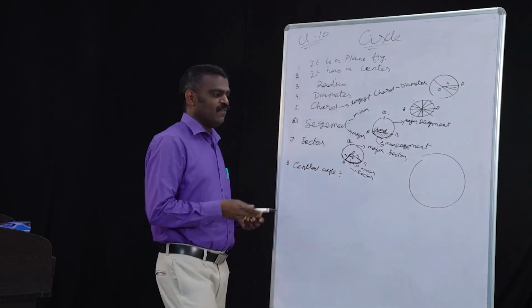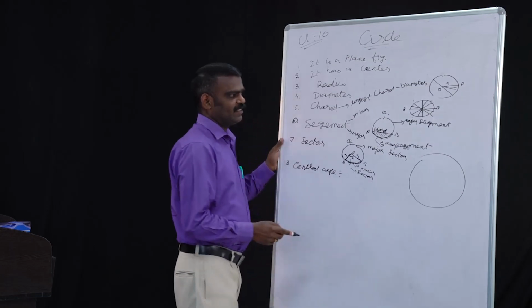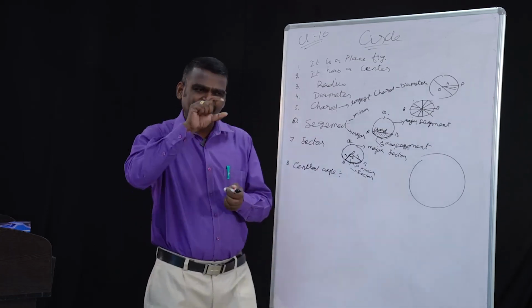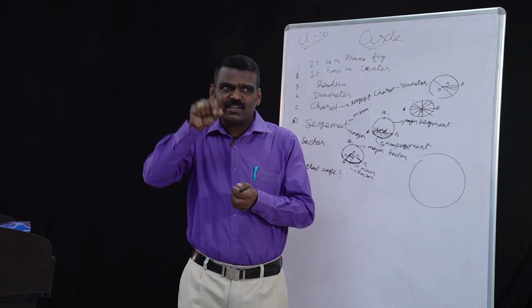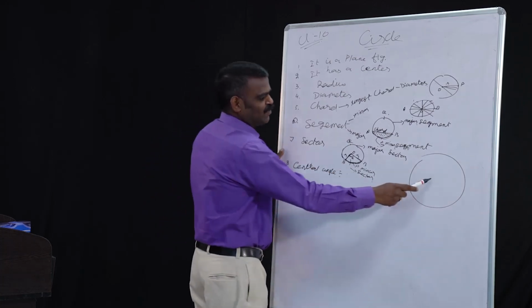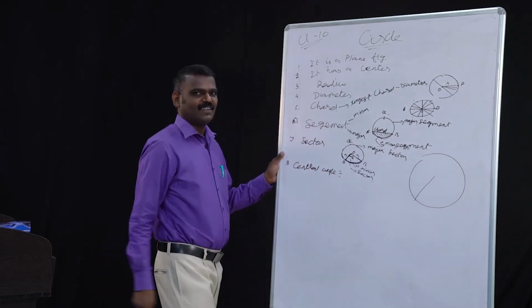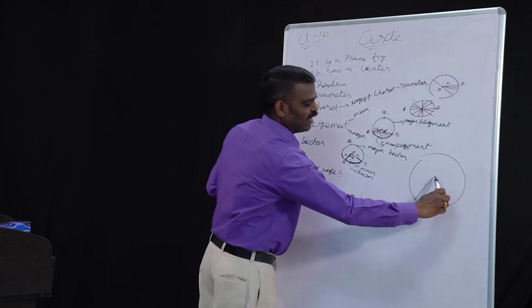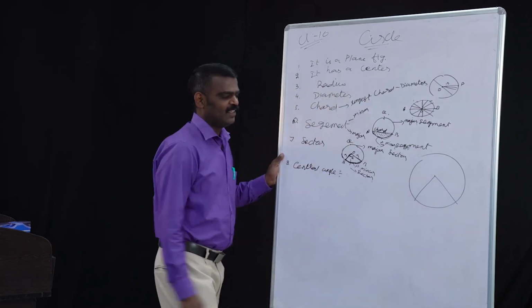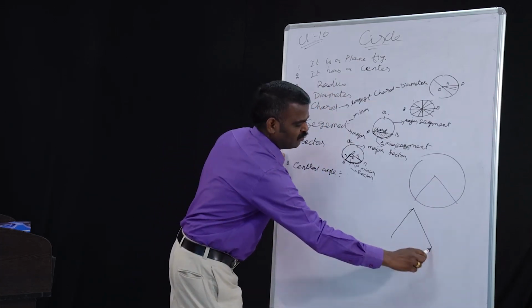Am I right? When you cut the cake, you cut the beginning portion, the knife goes as far as possible, and the other side also you will cut, right? Yes or no? Then this portion you will take out.